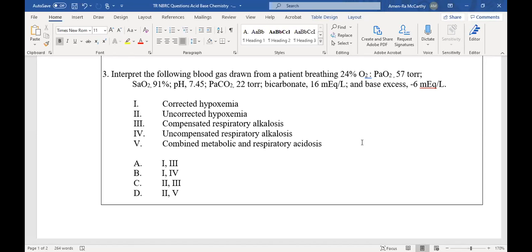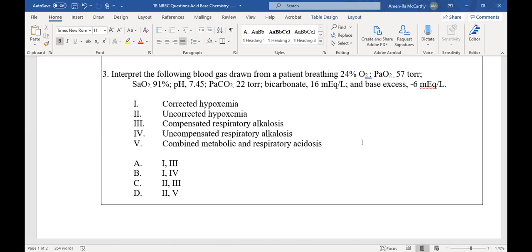CO2 of 22 is alkaline. 35 to 45 is the range, and less than 35 is alkaline. Bicarb is 16. What's bicarb doing? Acid. So who's causing the problem? CO2, because it's the one that matches pH. So we are in a respiratory alkalosis.